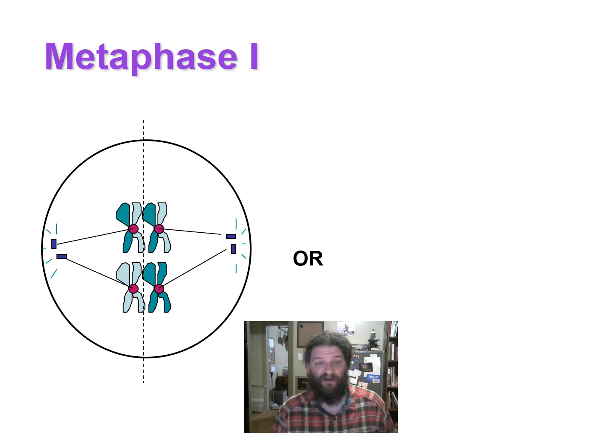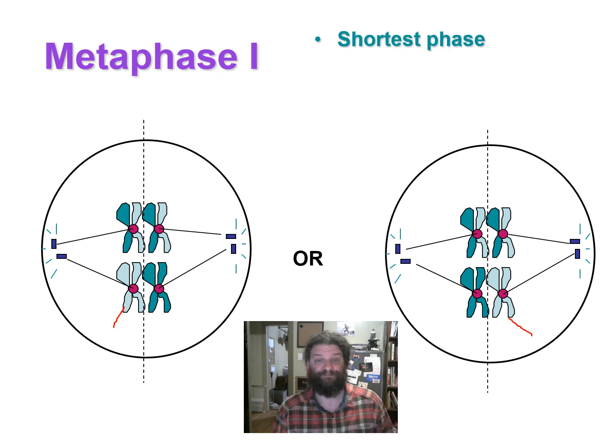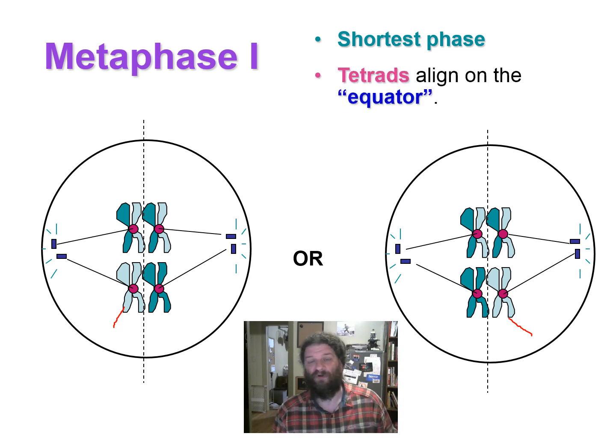There is a variety of ways that these homologous pairs can arrange, whether maternal or paternal, because remember those genes might be different even though they code for the same trait. So whether the paternal is on one side or the other side makes a difference, because now it matters which gamete it ends up in. In metaphase, they line up across the equator.